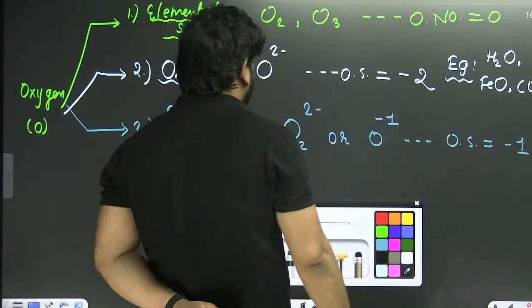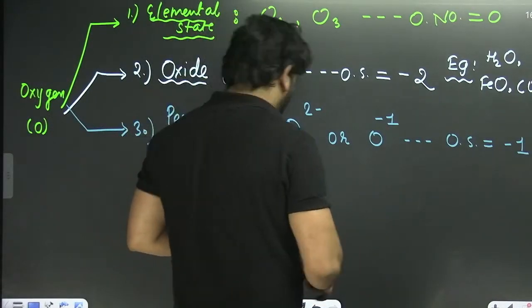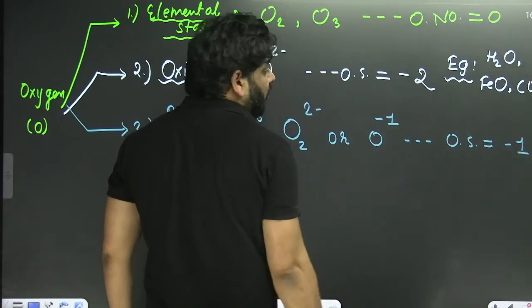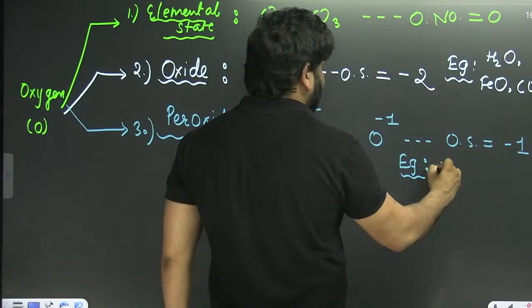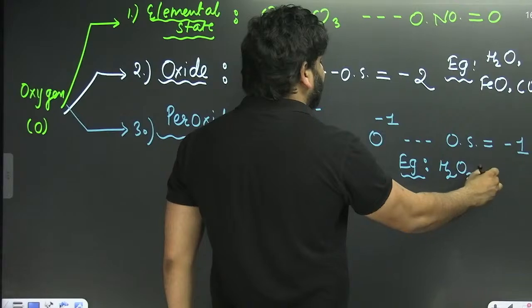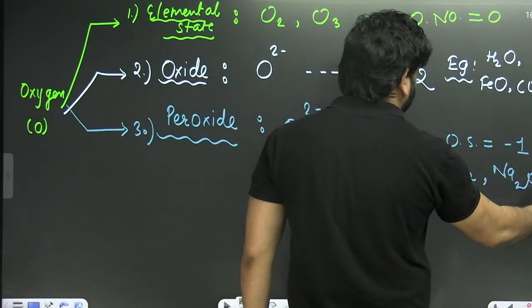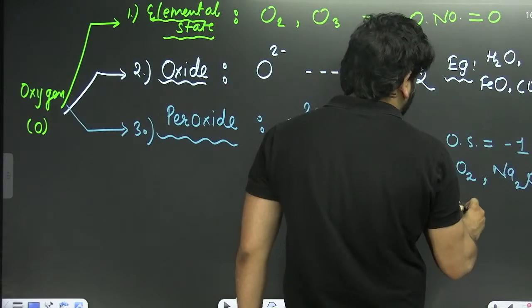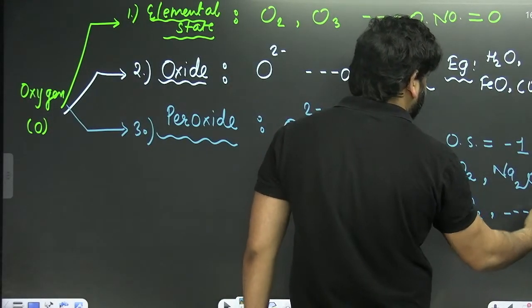Majority, like 99%, you'll find its combined form present in oxide form. Then another could be a peroxide. In the case of peroxide, there are several examples such as hydrogen peroxide. It is present in the -1 state here. Sodium peroxide, Na2O2. We have barium peroxide, BaO2. Then like this, etc.